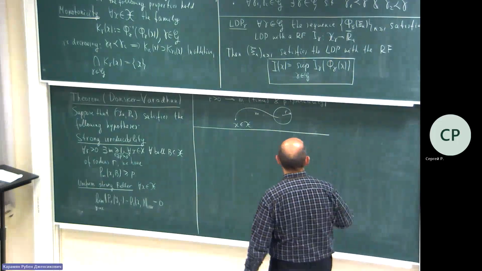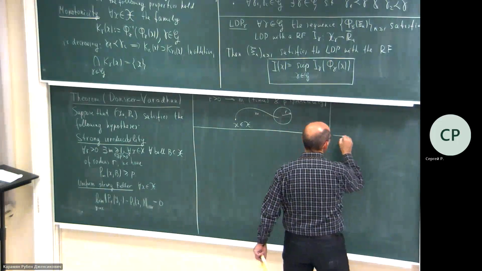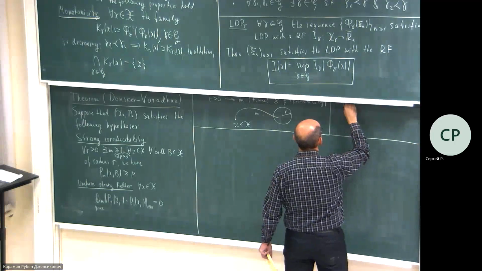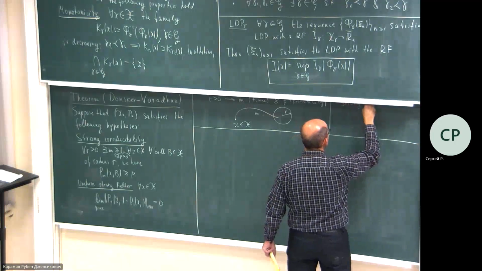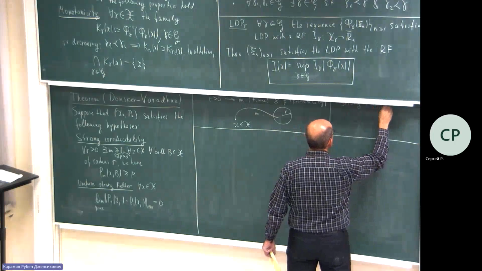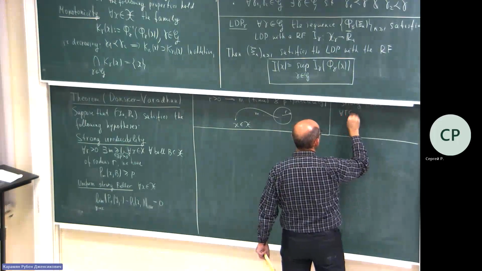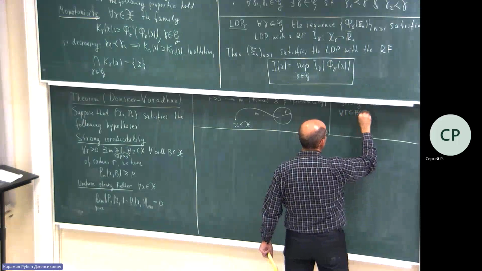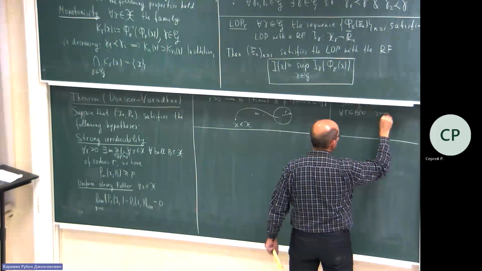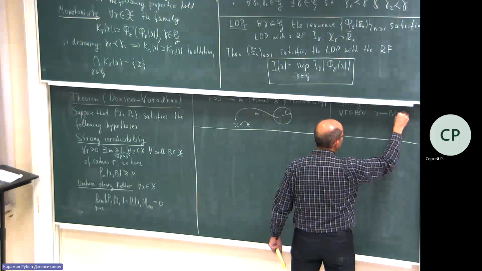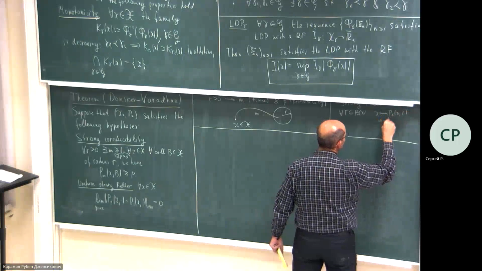Then Strong-Feller says: what is Strong-Feller? For any gamma, the function x maps to P1(x, gamma) is continuous.